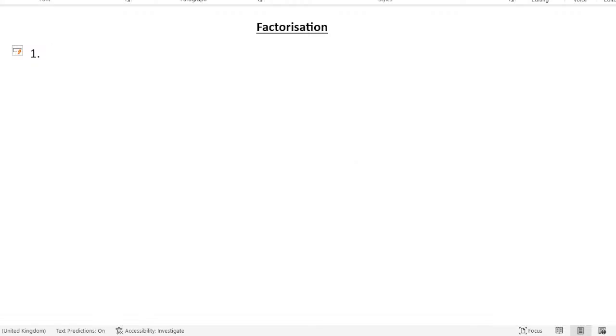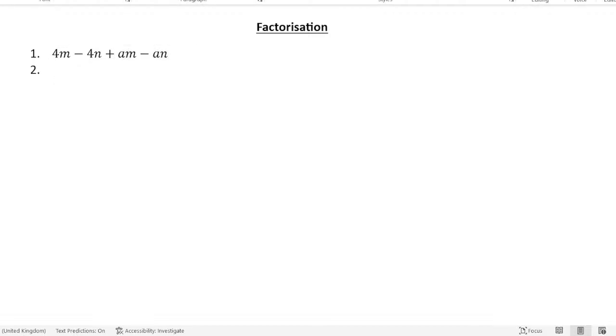Here I have 4m minus 4n plus am minus an. Now we have to categorize them and group them together. We'll group these two together and these two together.